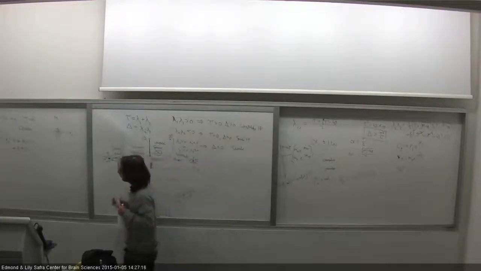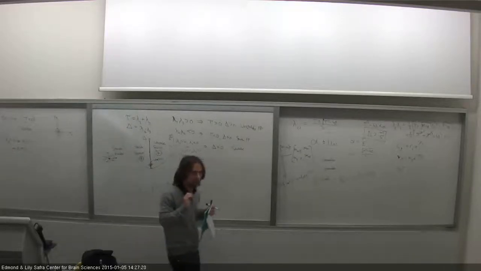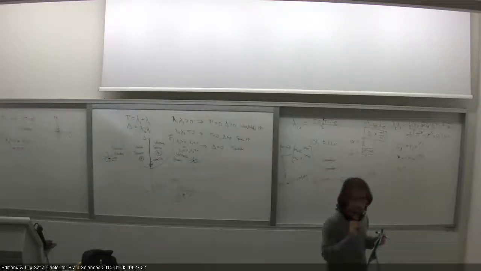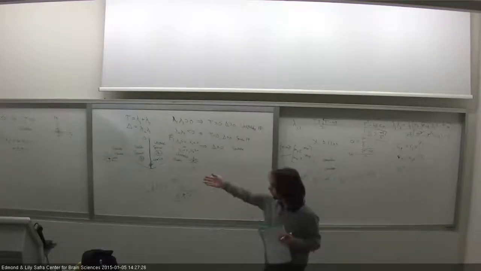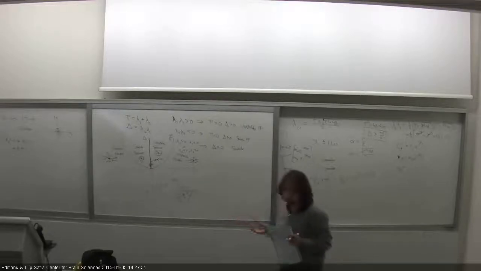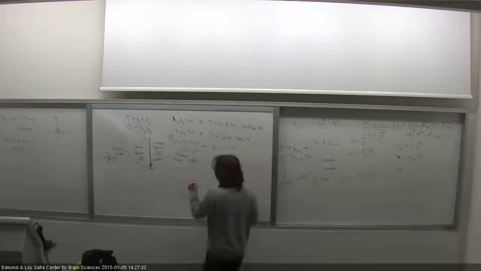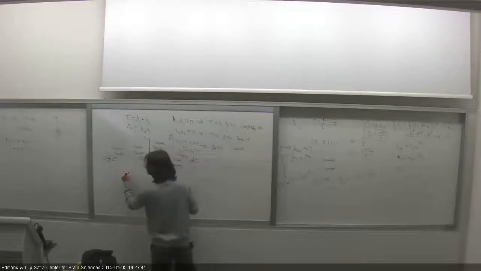And you can imagine that what happens here is that there is no growth and no decay on one of the eigendirections. And what we get is a line attractor if the remaining lambda is negative, or a line repeller if the remaining lambda is positive. So here we have line repeller, and here we have a line attractor.